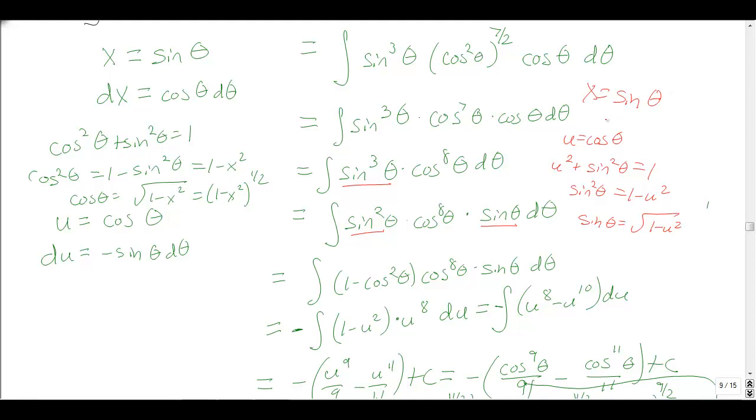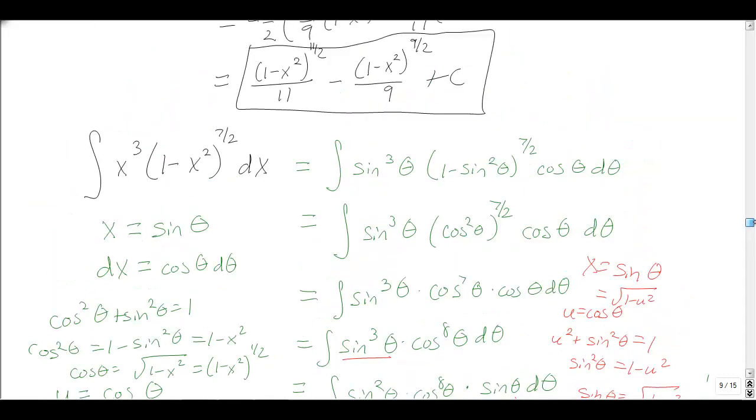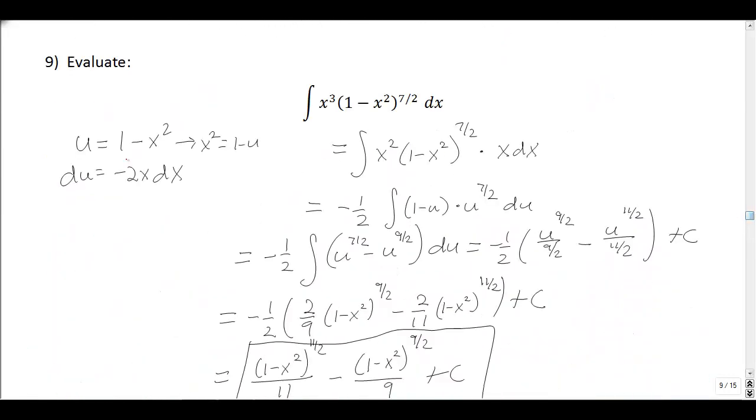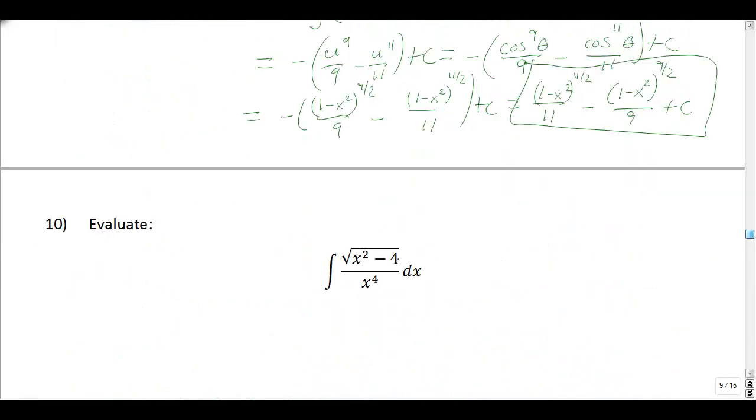So x, in theory, we could have done x is square root 1 minus u squared. We'll square both sides. That gives you x squared equals 1 minus u squared right away. Or u squared is 1 minus x squared, perhaps to the 1/2 here. So you could have tried that substitution. That's pretty close to what we had up here. Might be something to try to see if that works out.